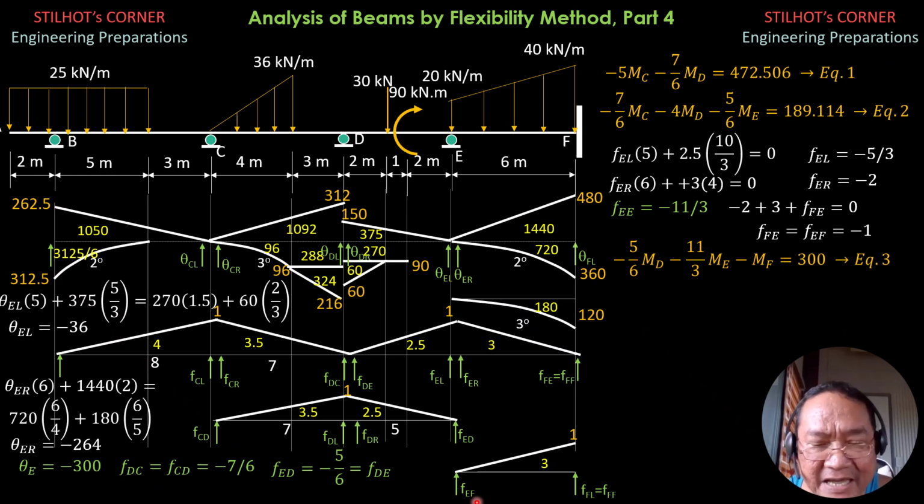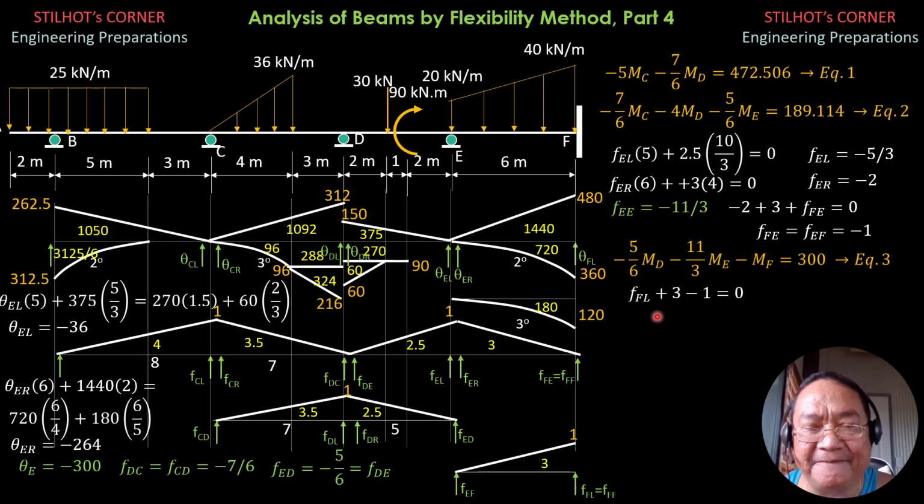And this is FEF, the force at E due to the unit displacement at F, and this is FF left, which is equal to FFF because there's no other force as partner of this force.